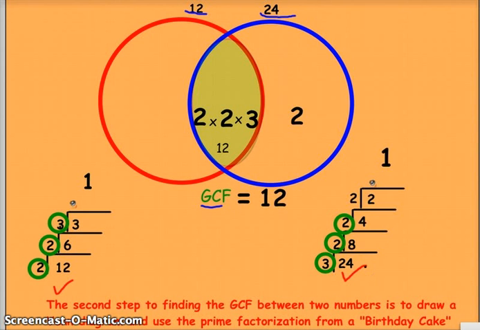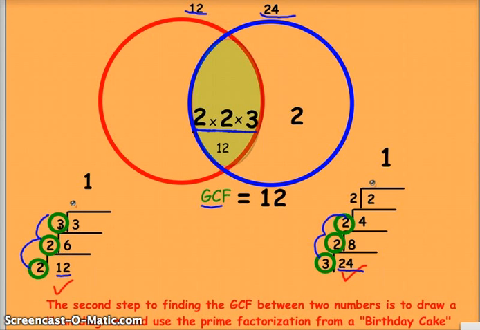Starting with the 12, you see what factors are in common to both 12 and 24. Those are circled in green: a 3, a 2, and a 2. The prime factors in common between 12 and 24 get put in the center, in the green zone of this Venn diagram.